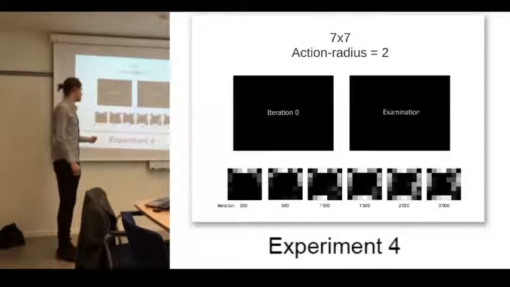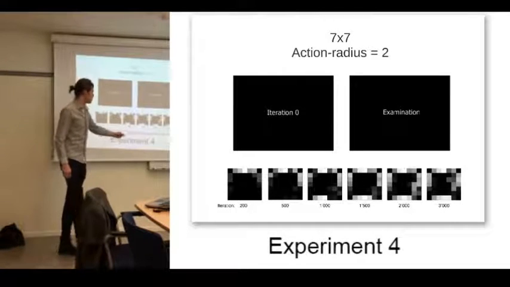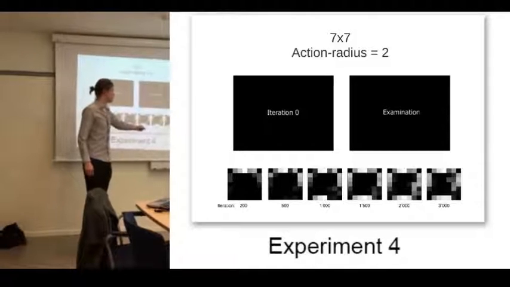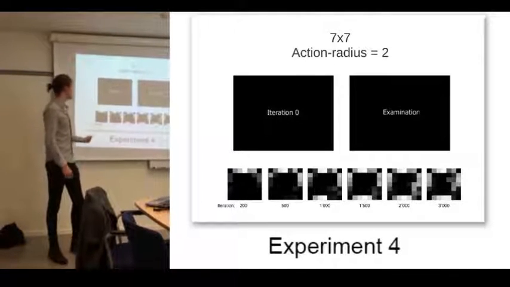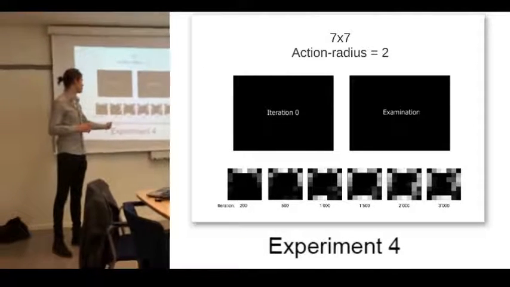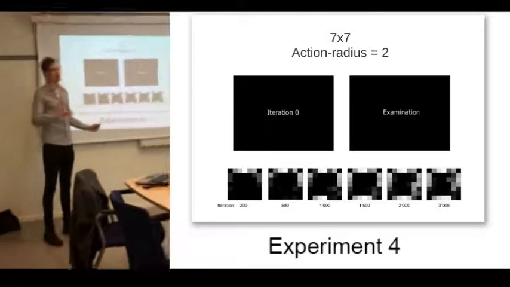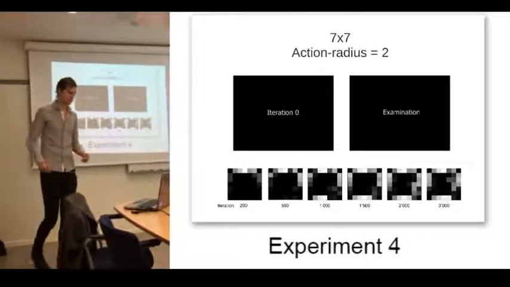Over here, after 500 iterations, it starts to find out how to be on its side. And here it finds out the belly. And over here you can see that it starts to figure out how to be sitting up. And it also had an action radius of 2, and that means that it was able to do any action where it went to some other state that was 2 or fewer neighbors away from it.